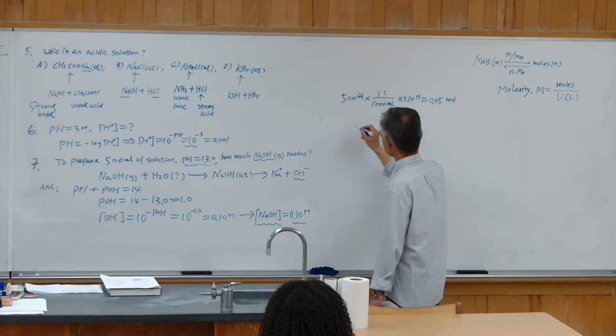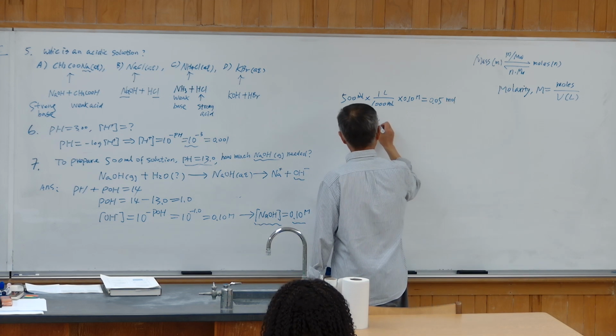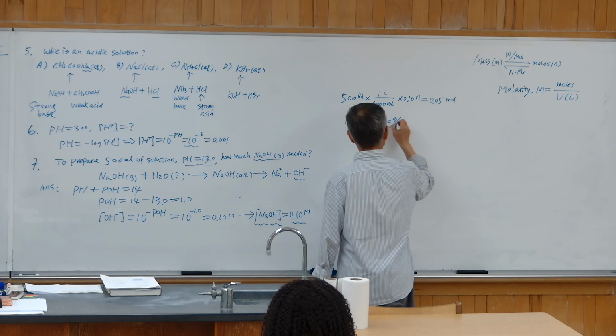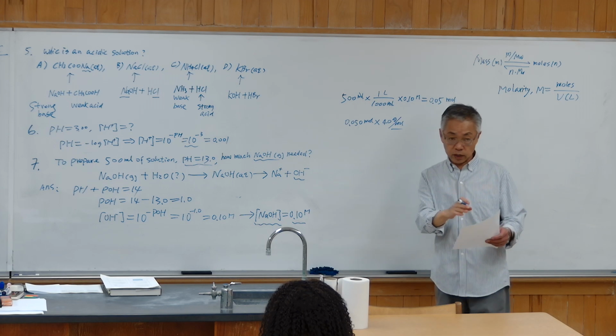Then from moles to mass, moles is multiplied by molar mass. How can you get this molar mass? I provided you a periodic table.